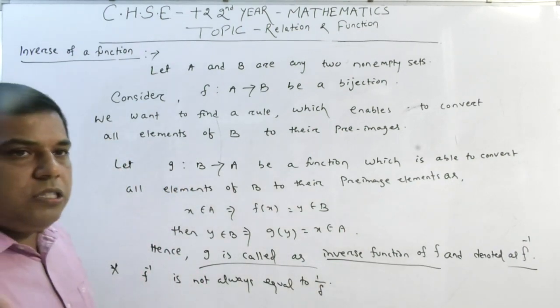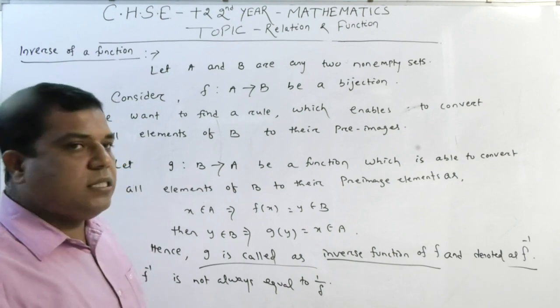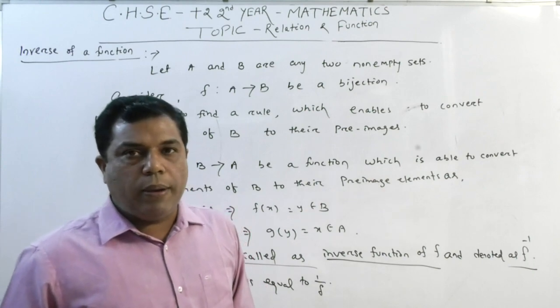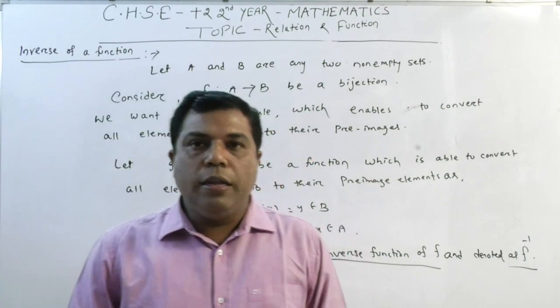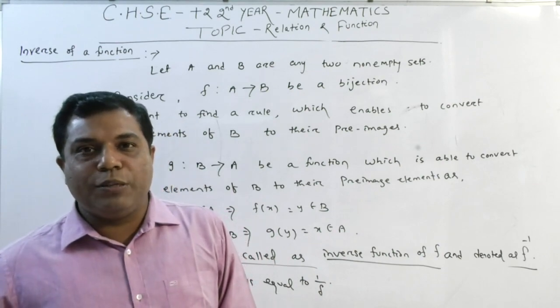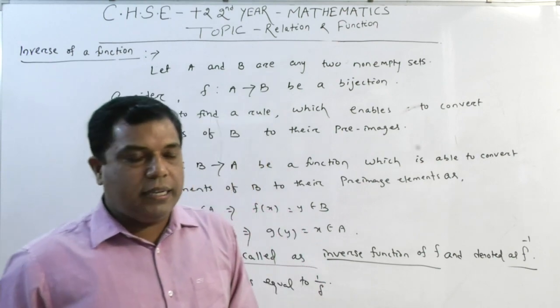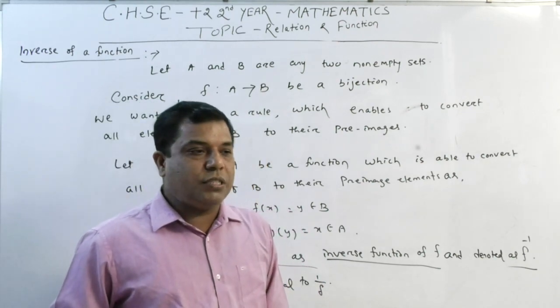Maybe in some cases it can be represented like that, but if you think that f inverse is always equal to 1 by that value, or that it is the multiplicative inverse of the original function, then my dear students, that is not possible. That is foolish thinking. So don't think like that. It is just a representation. It is a reverse process.